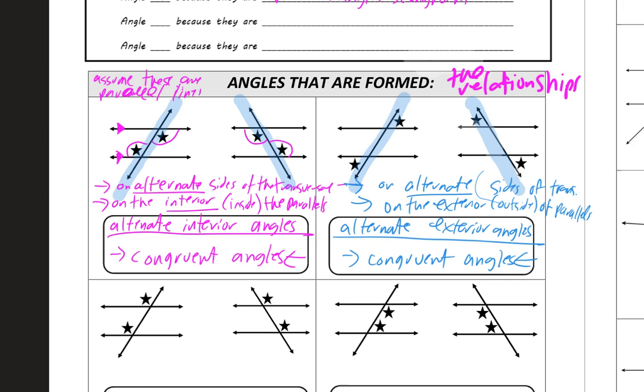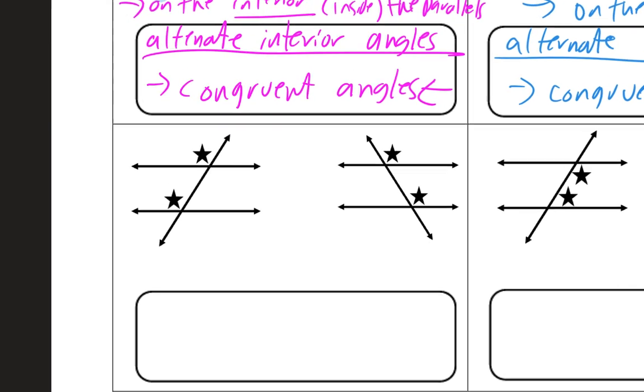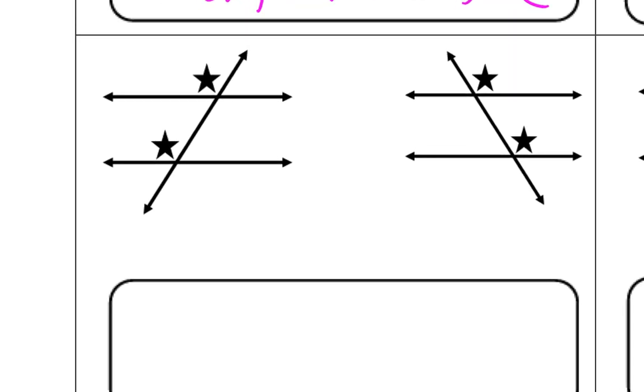All right, so now let's take a look at these two. Okay, let's go and highlight our transversal again. So if that's our transversal, let's check out these angles, right? So this angle right over here, and this angle right over here. So what do we know?